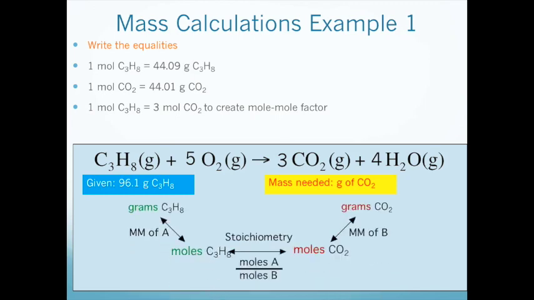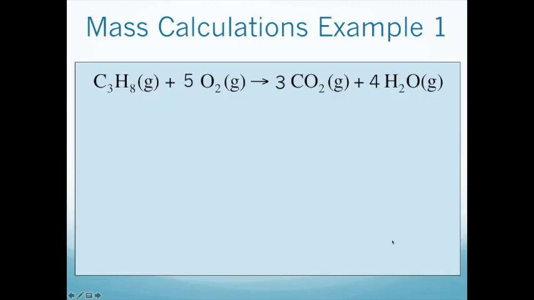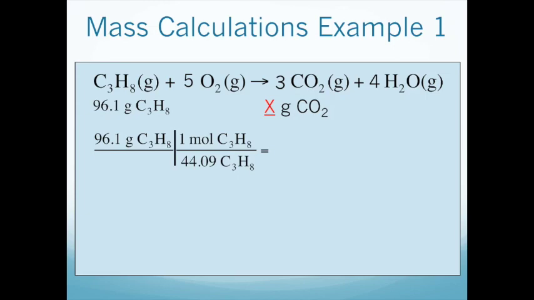We need grams of CO2. And here's our flow chart. Propane is on this side, carbon dioxide is on this side. So 96.1 grams of propane divided by 44.09 grams of propane per mole yields 2.1796 moles of propane, which are consumed in this reaction.